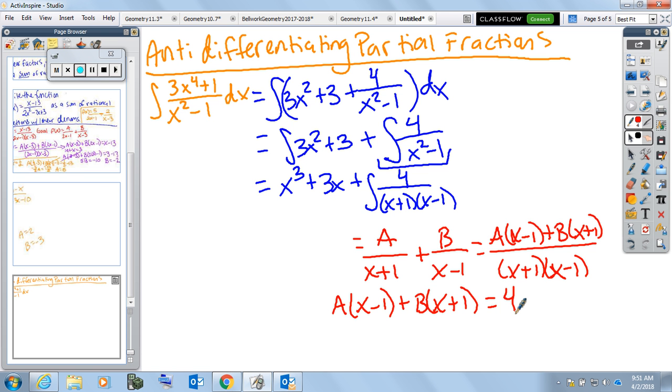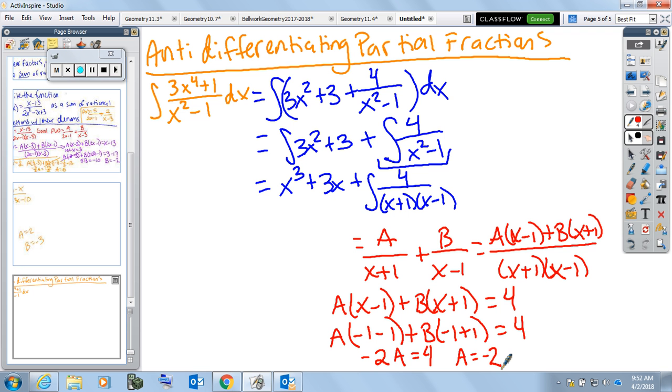So let's say, A times negative 1 minus 1 plus B times negative 1 plus 1, in this case we'll cancel out, and that will equal 4. And so we have negative 2 times A is equal to 4. So A will equal negative 2 in this example.